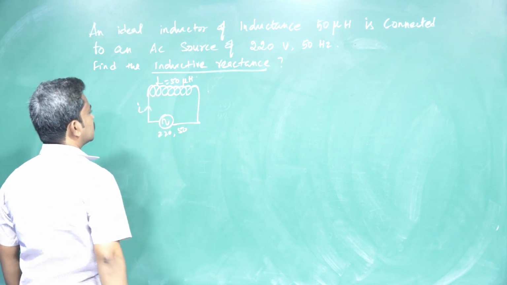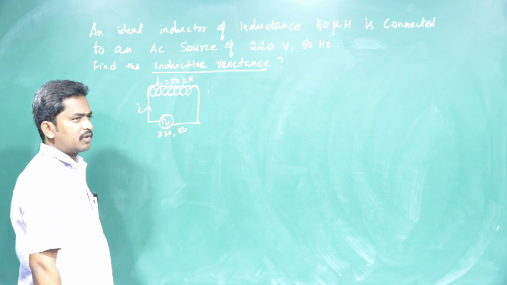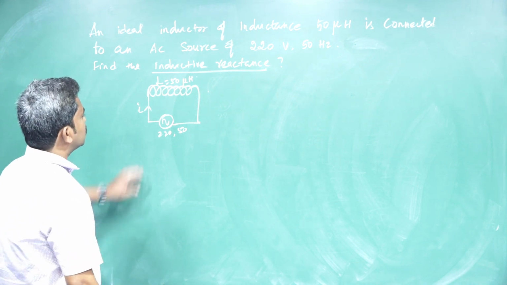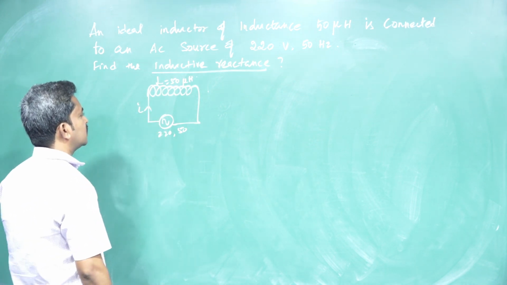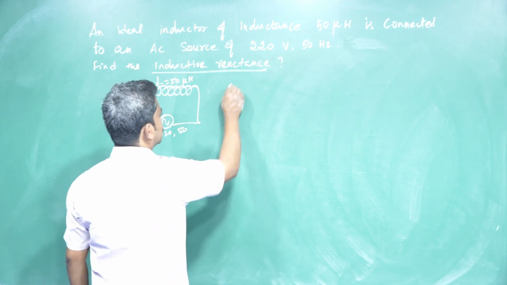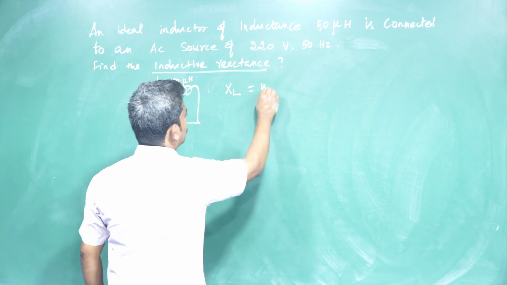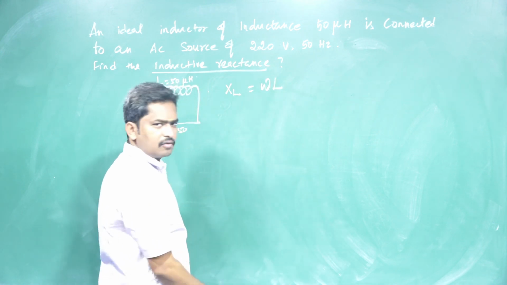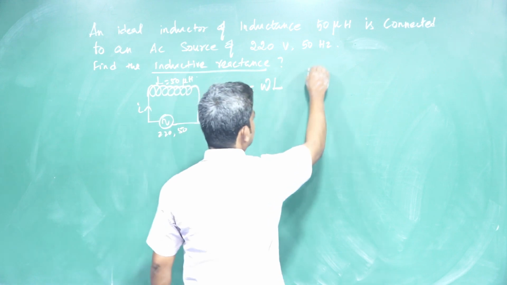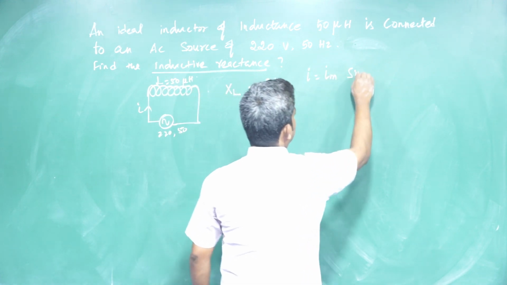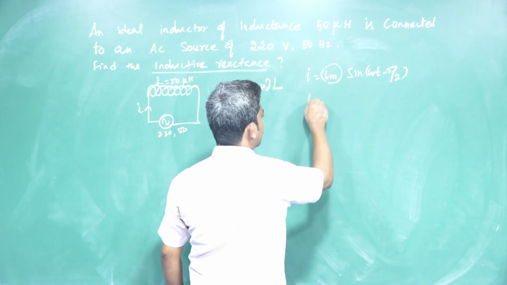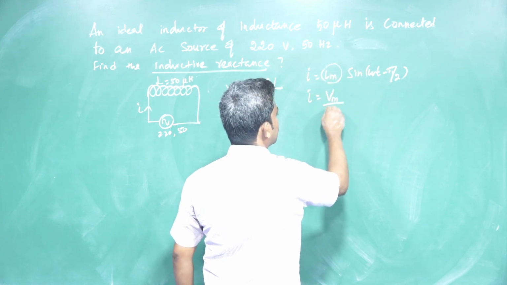So I is equal to Im sin omega t minus pi by 2. The voltage leads the current by a phase angle of pi by 2. What is the inductive reactance? You know well, XL is equal to omega L. Im is equal to Vm divided by XL.